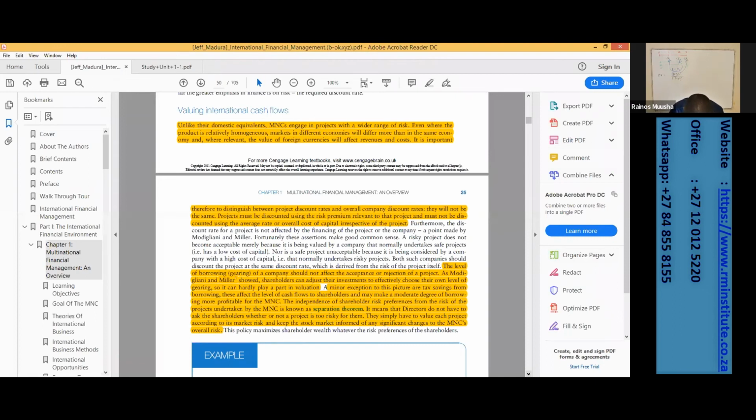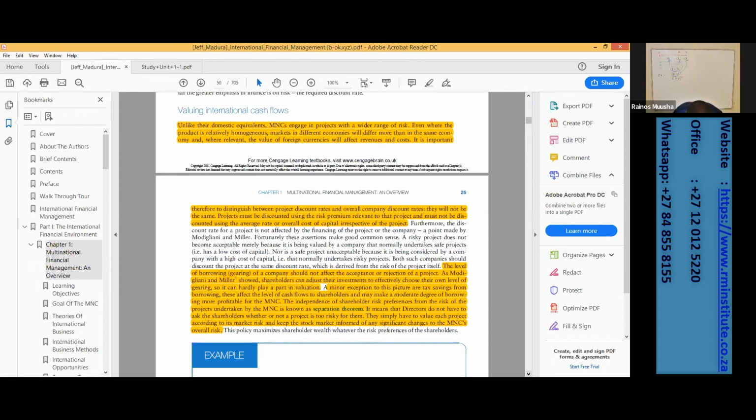So it is important, therefore, to distinguish between project discount rates and overall company discount rates. They will not be the same. So projects must be discounted using the risk premium relevant to the project and must not be discounted using the average rate or average cost of capital, irrespective of the project.